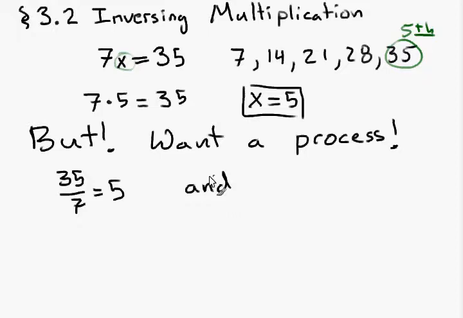And let's take a look at, again, the left-hand side of this. What happens when I take 7x and I divide by 7? Well, we can reorder this multiplication. This is all just multiplication here. I'm going to take 7, divide it by 7 first. I'm left with 1. So this is equal to x.